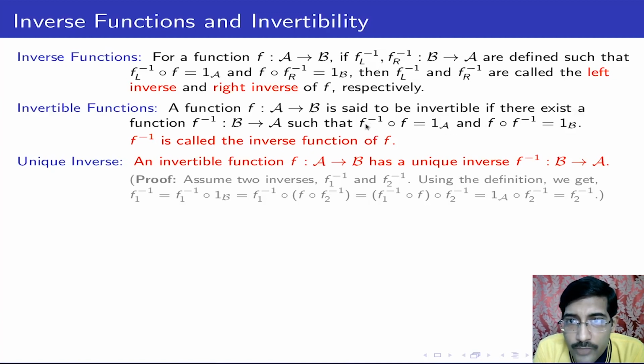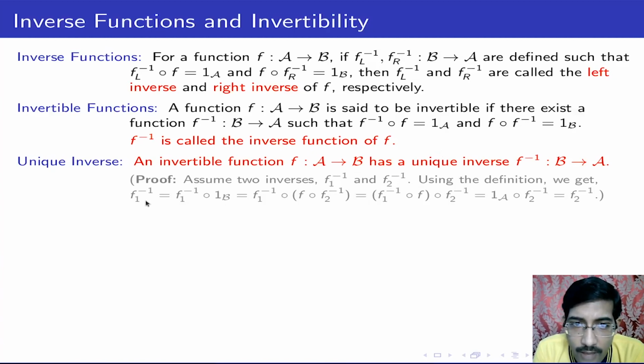In case of f inverse you substitute f1 inverse, and in the other case you substitute f2 inverse. So if you assume two inverses exist, then they will satisfy these 2 into 2, that is 4, properties.